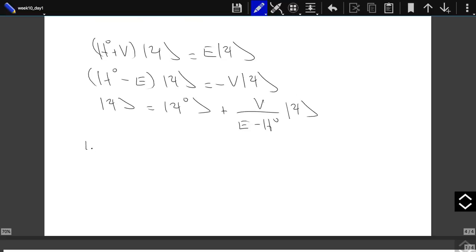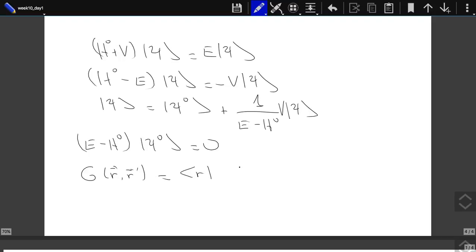And psi 0 is the V equal to 0 solution. Let me also pay a bit more attention, because V need not commute with 1 over E minus H0. So we take the state psi, act with V first, and then multiply with 1 over E minus H0. And what we call G, or R prime, was basically 1 over E minus H0.